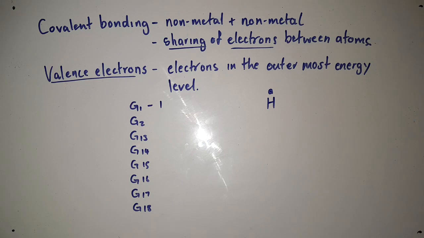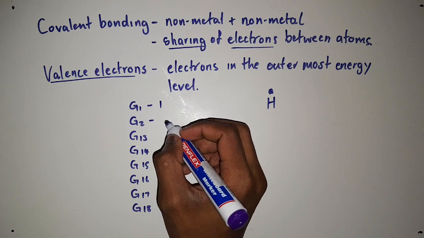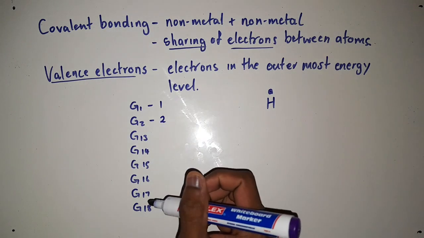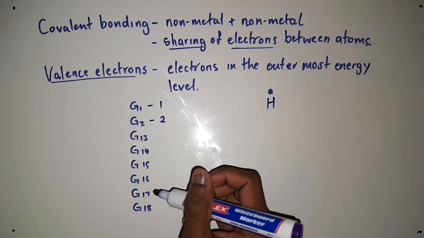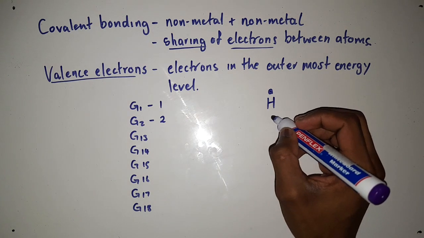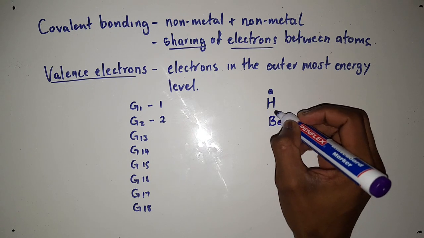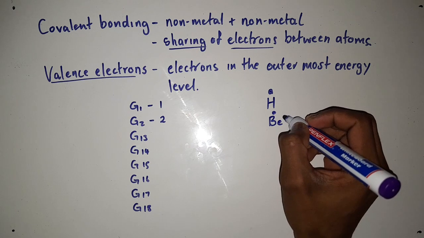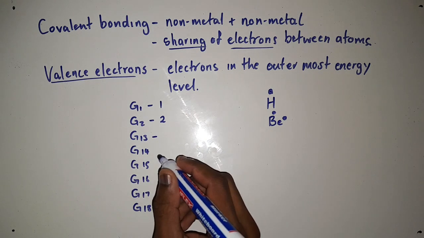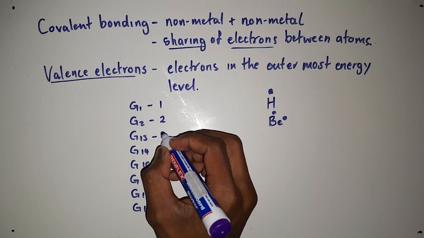Then we also have group 2. These ones have 2 valence electrons. The example that I can give is beryllium, Be. Then in group 13, they have 3 valence electrons.